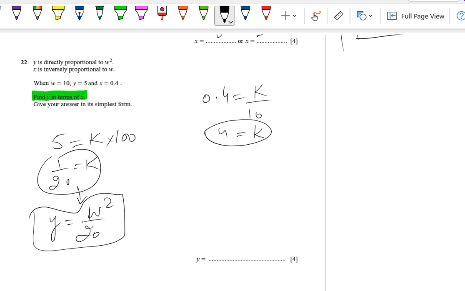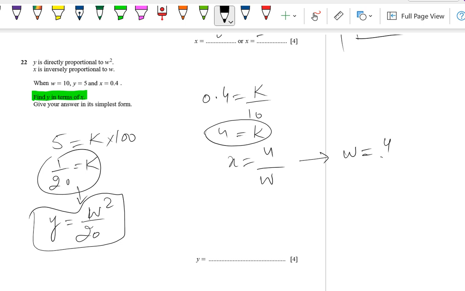And for 2, x is equal to k over w, and your k is 4. So let's make w the subject, since we need to replace the w with x in the first equation.